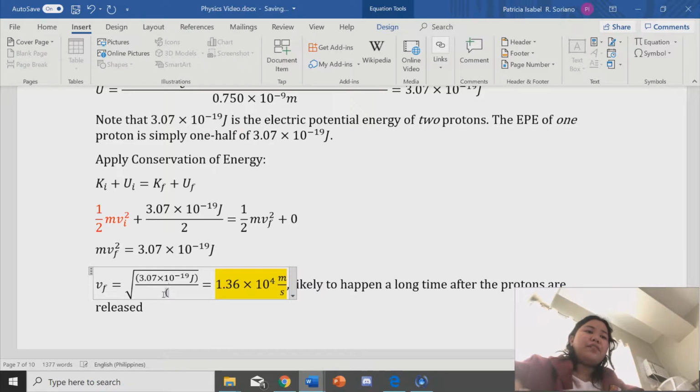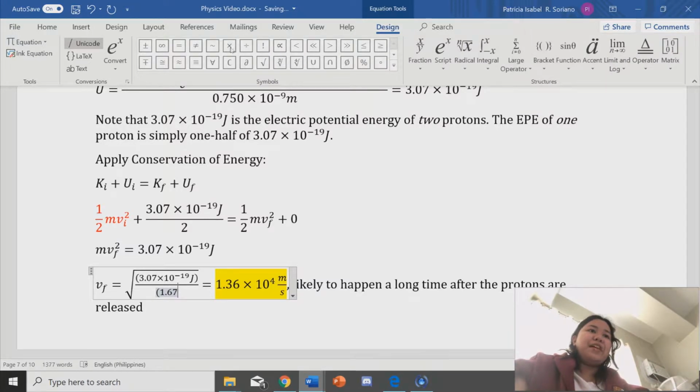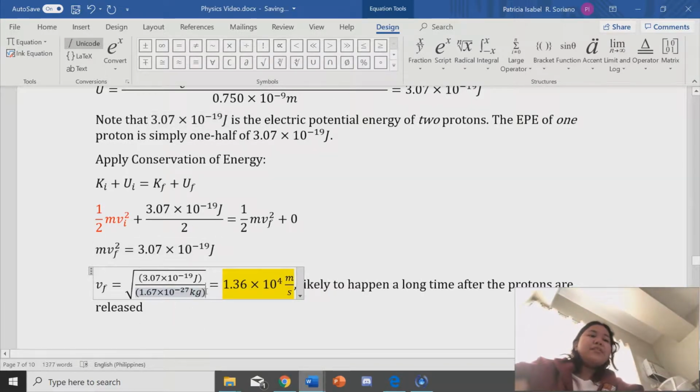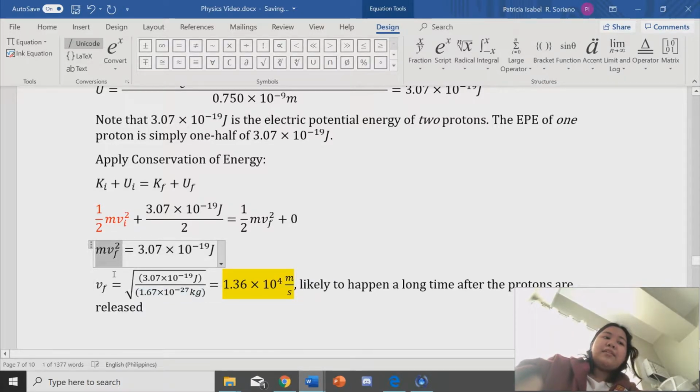So let's put that over there for clarification. That's how our formula looks when we plug it into our calculator. And don't forget the square root, since in our initial formula our VF is still squared. By applying the square root, we would get the actual VF value, and that would be this 1.36 times 10 raised to 4 meter per second.